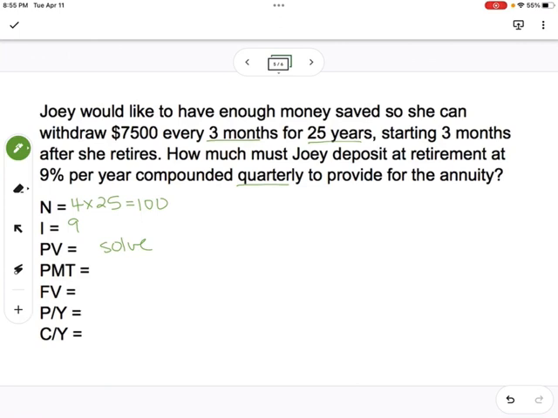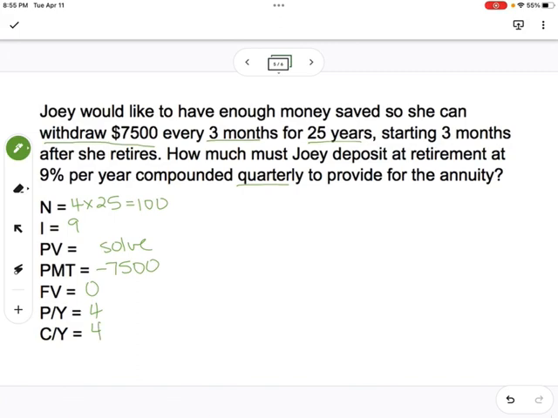Our payments, we're withdrawing 7,500, so we want a negative 7,500 here. Our future value is 0, we don't have any more money left. And our payments per year and compounding periods per year are quarterly, so those numbers are both 4.